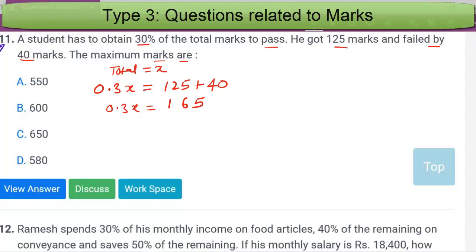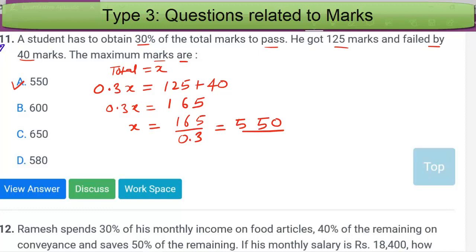So the value of x, you will get 165 divided by 0.3, which comes out to be 550. Okay, so you got the value of x as 550, which is required for this particular question. So straight away the answer is A.